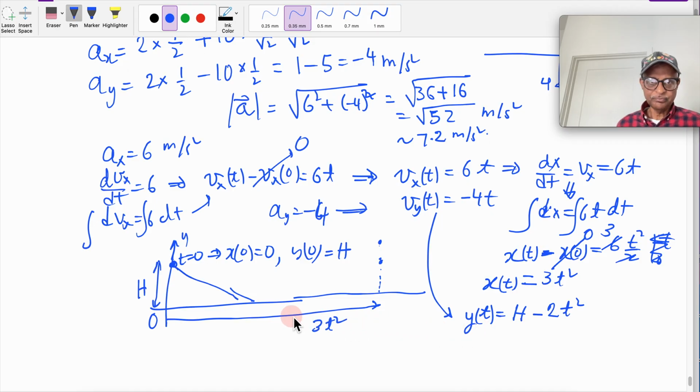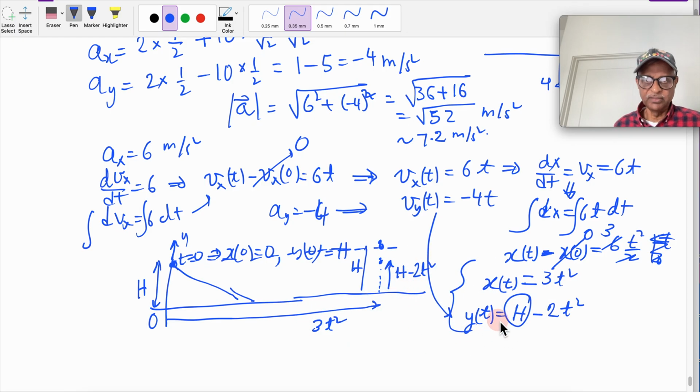Okay, so it used to be here, but now it will be h, this is h, and now it's h minus 2t square. So that tells you the position.